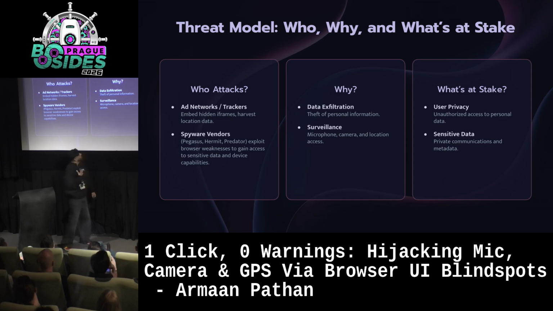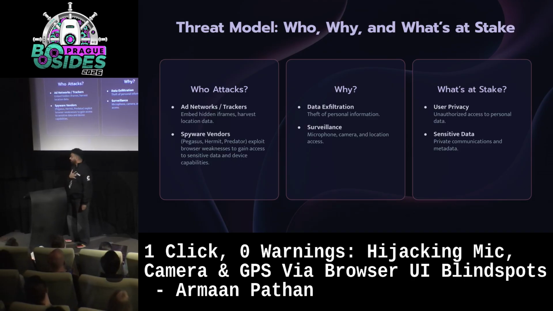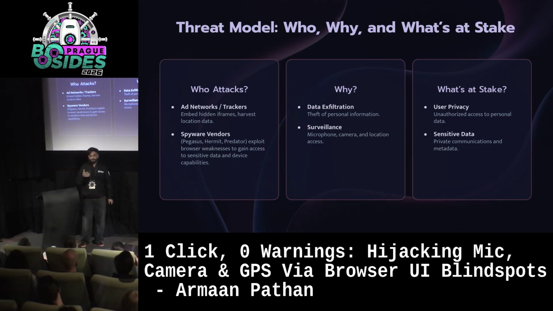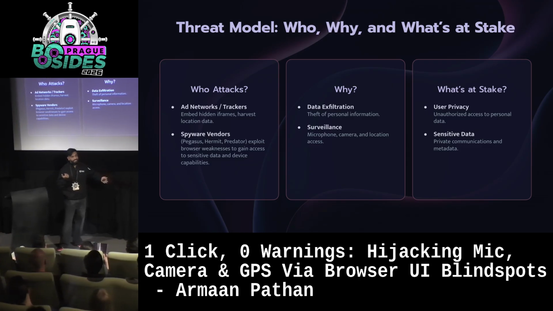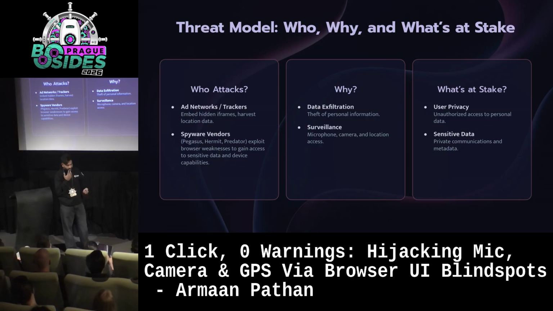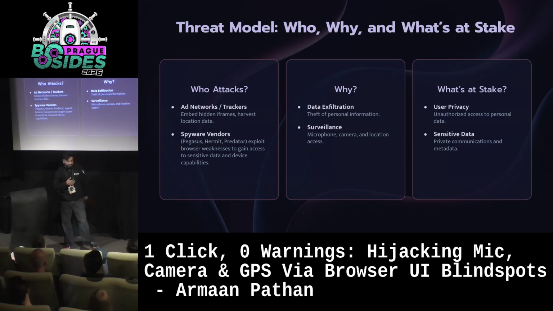Who will attack and at what stake? As I have mentioned, lots of companies allow third-party applications or websites to display their advertisements. In that case, it loads sensitive data within the frame. Spyware vendors, if we talk about Pegasus or Hermit or something like that, their main focus is to steal sensitive information, track human activities, and exploit it.